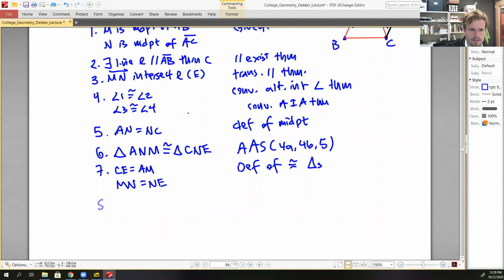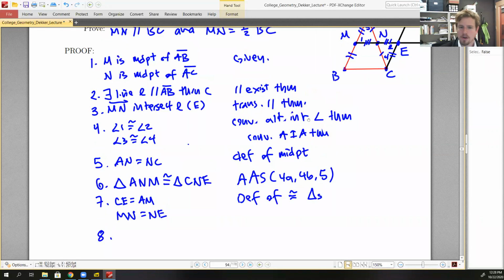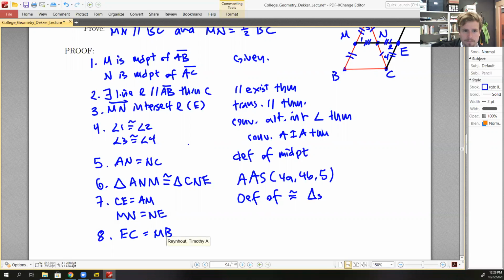All right. So once we have that, we don't use both of these together at the same time, but we will need both of them. The first one that we're going to use is that EC is then equal to MB. Oh, let's see here.